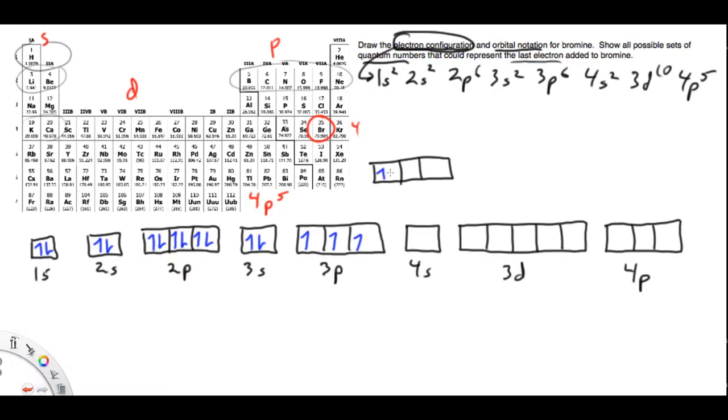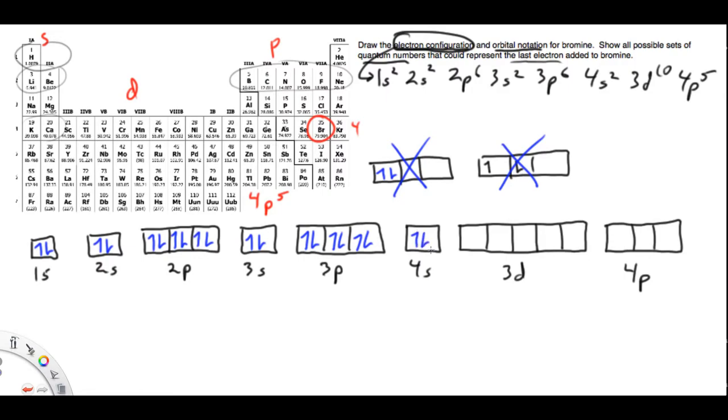And we wouldn't do this either. That's wrong because we want parallel spin and we want to half fill the orbitals first. Then we're going to go back and completely fill them.